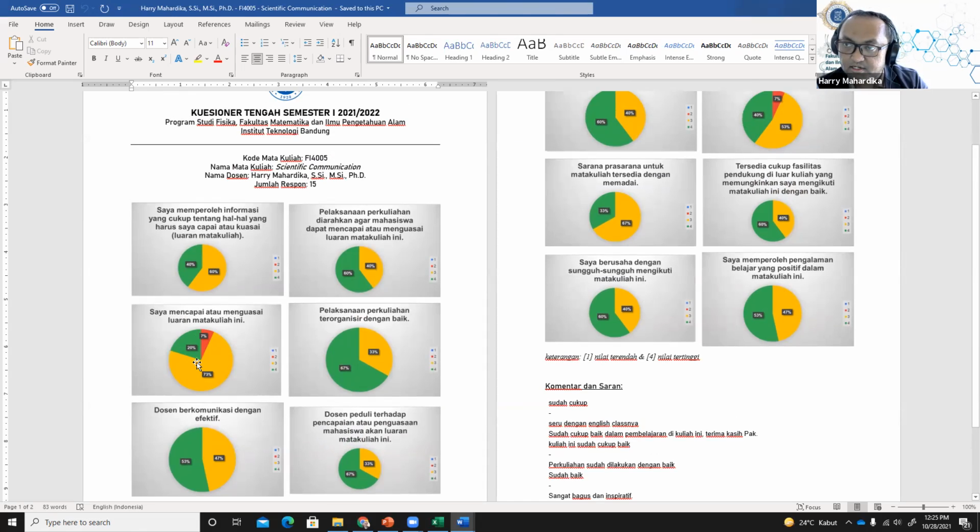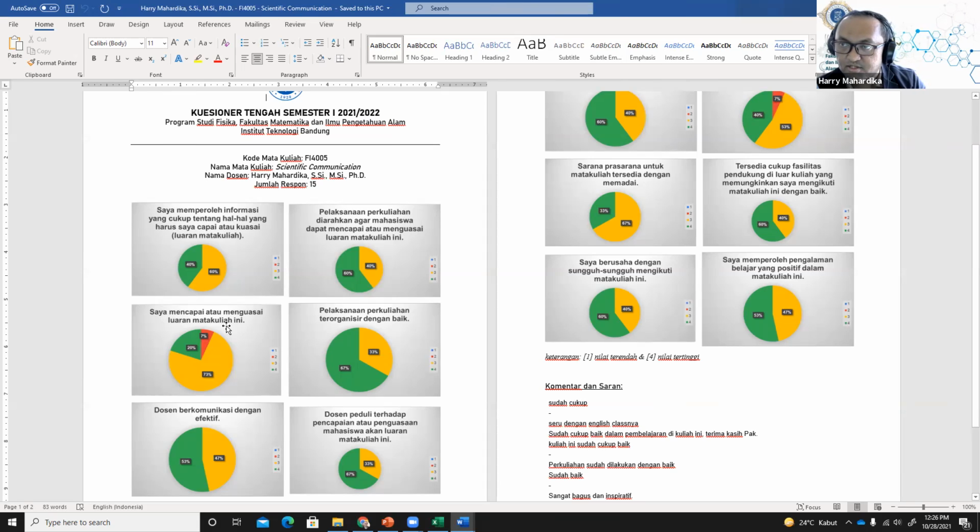Okay, so that is coming out from the third one. If I'm counting here, the first one is from the upper left, and the third one is "saya mencapai atau menguasai luaran mata kuliah ini." I mean, I am able to understand and manage to obtain the outcomes of this lecture.